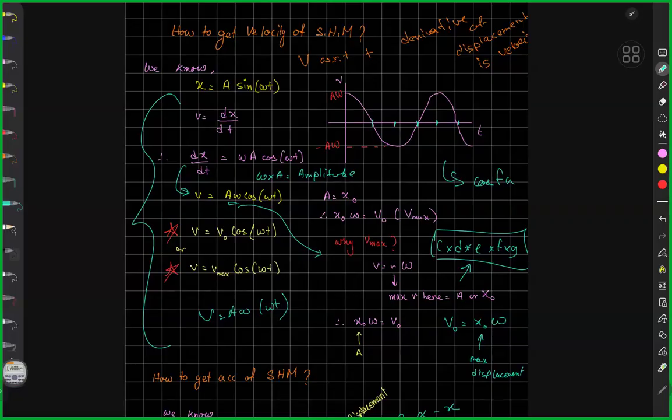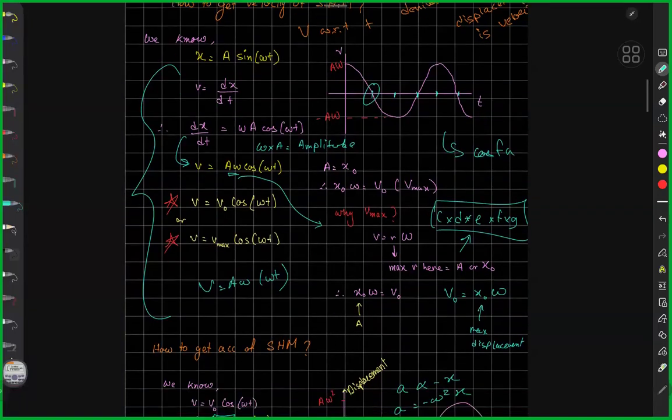So this happens at pi by 2, right? So what will that be? Let's say I give you omega is 4 pi, just for an example, to see if you understand it. Omega is 4 pi. So the del theta would be found out, or the time elapsed.